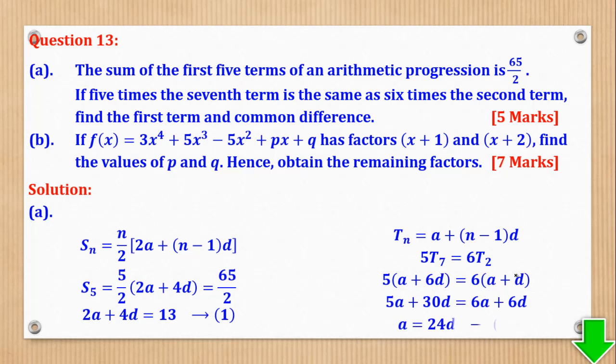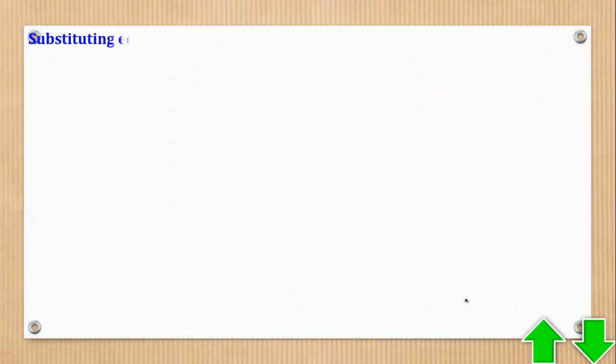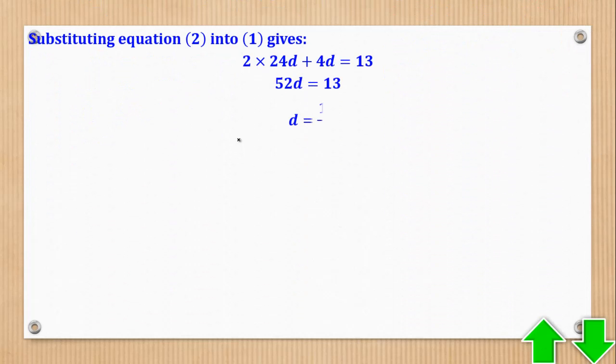Expand and get correct items to get equation 2. So I have 2 equations, 2 unknowns I can solve simultaneously. Substituting equation 2 into 1, I'll come up with that. Simplify to get the value of d. Then from equation 2, a is that.